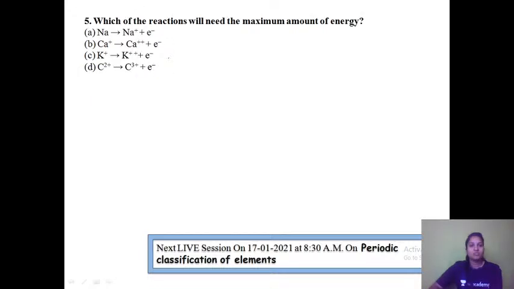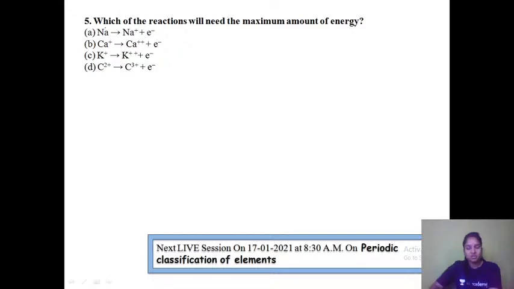Next, which of the reactions will need the maximum amount of energy? What concept do we need to apply here? That is ionization enthalpy, right? To remove an electron, they have removed an electron from all of them.